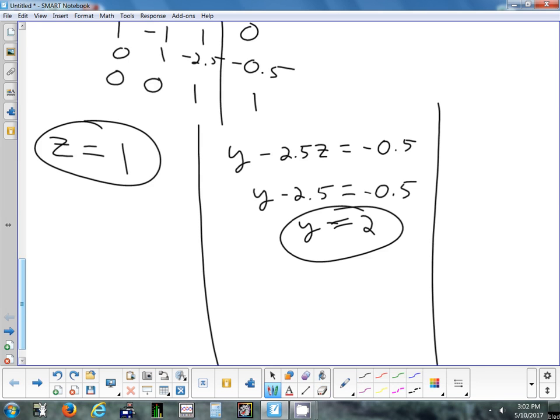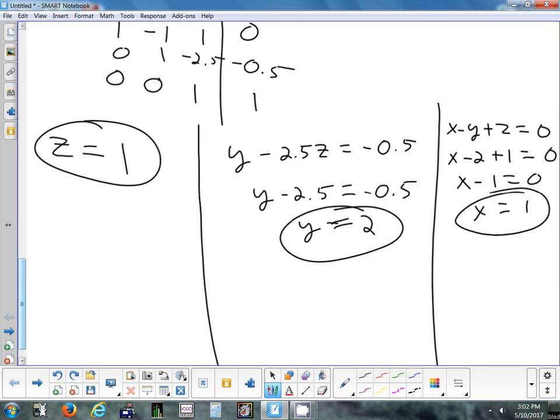So what does that top row say? x minus y plus z equals 0. So x minus 2 plus 1 equals 0. What's negative 2 plus 1? So x would equal 1. And that's how you solve a system with a matrix.